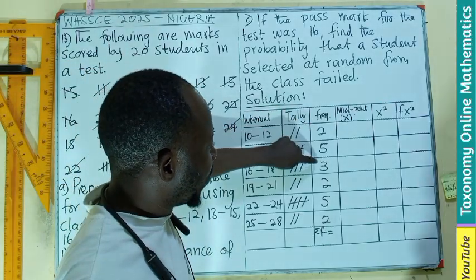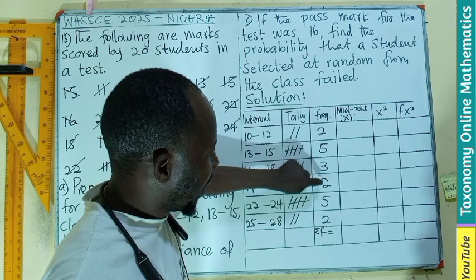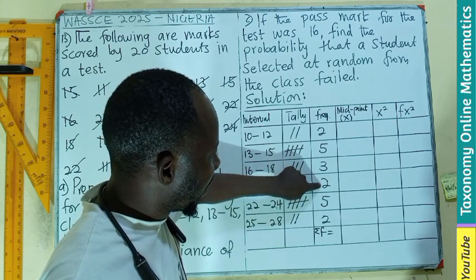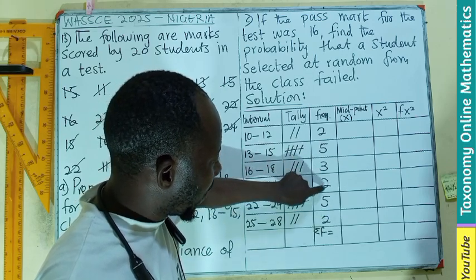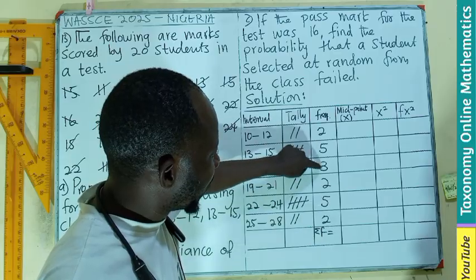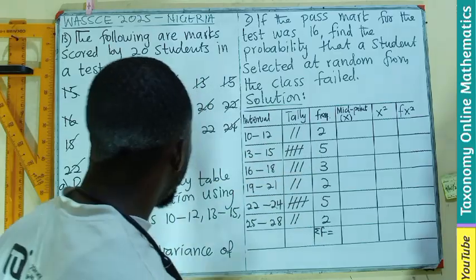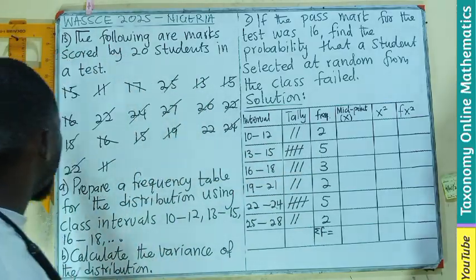This is going to be 5, then 10, then 9. It means we still need to check one out.